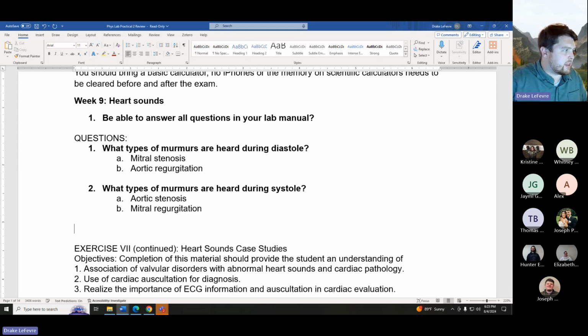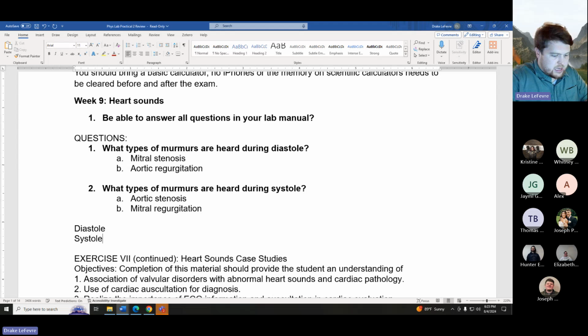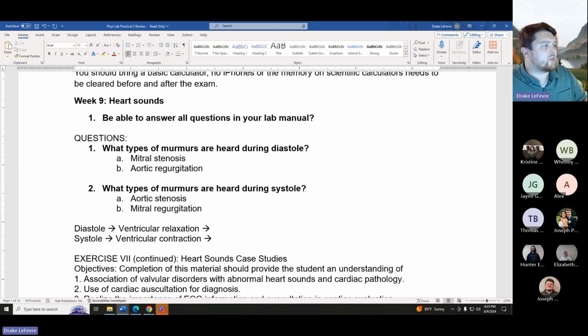As we've talked about 1,000 times, systole is ventricular contraction. Diastole is ventricular relaxation. During each of these, certain valves should be closed and other valves should be open.